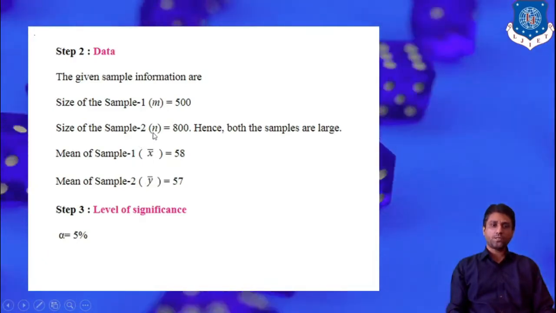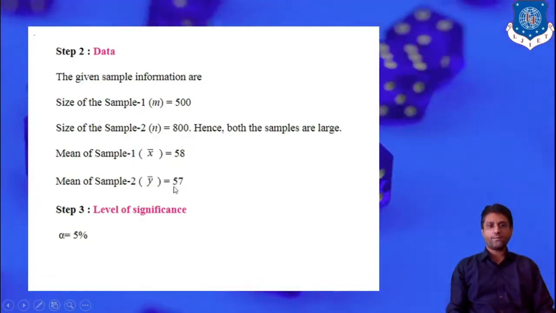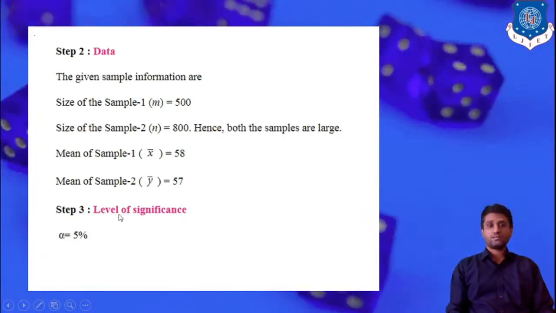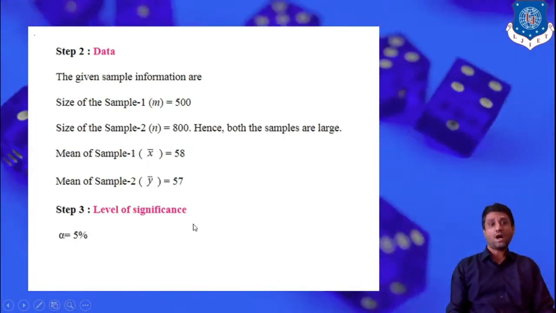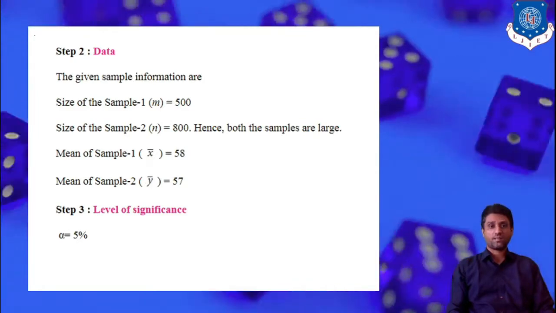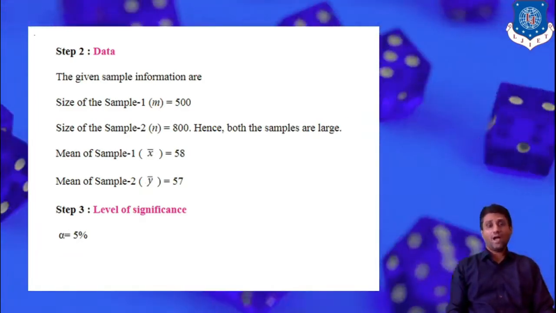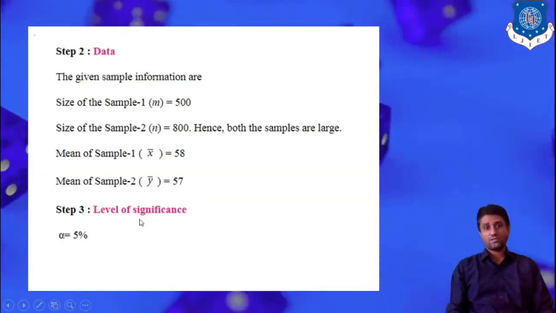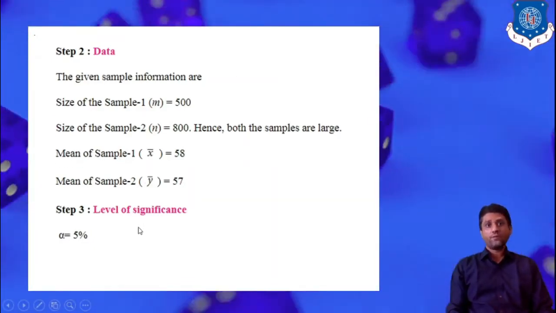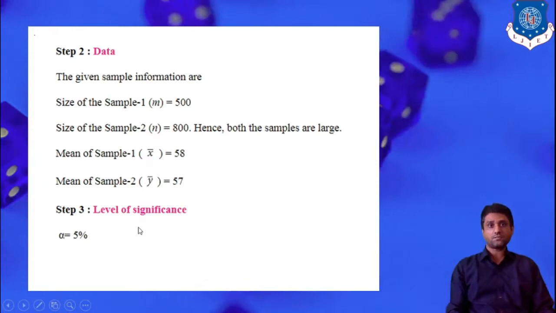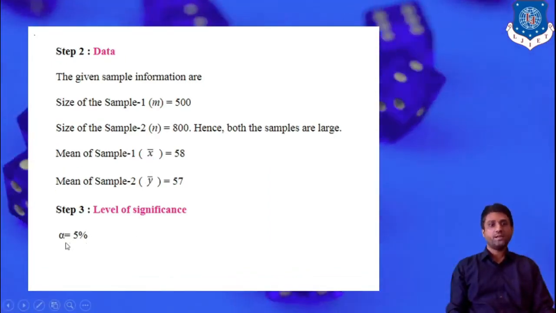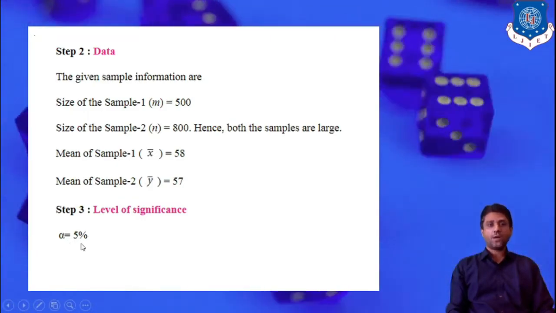The mean corresponding to the second district is 57. Now these are the important things: level of significance. How much accuracy do you require? Sometimes the results of your hypothesis test depend on this level of significance. If you change the level of significance, your results may be altered. So here the level of significance is 5%.